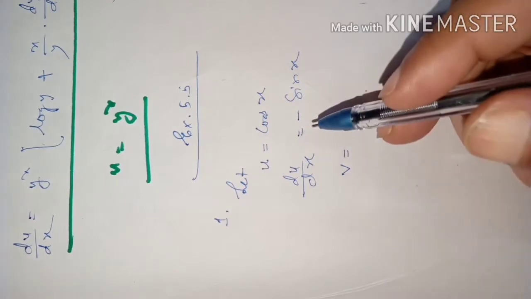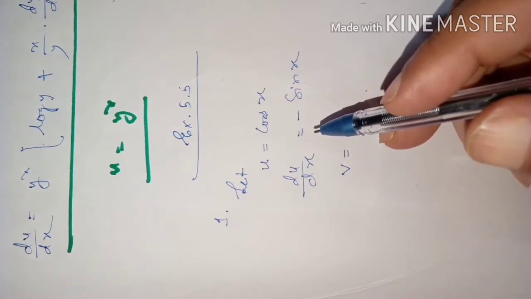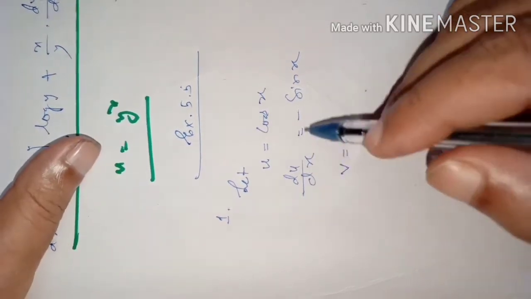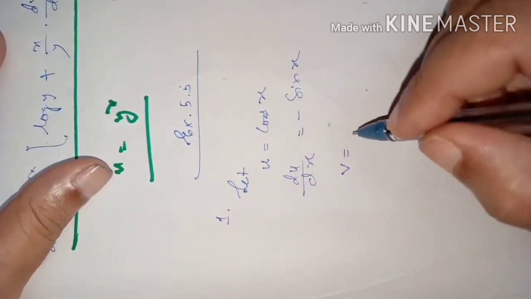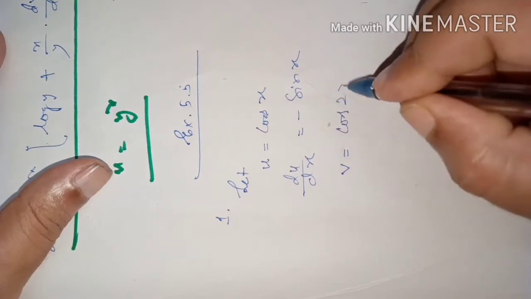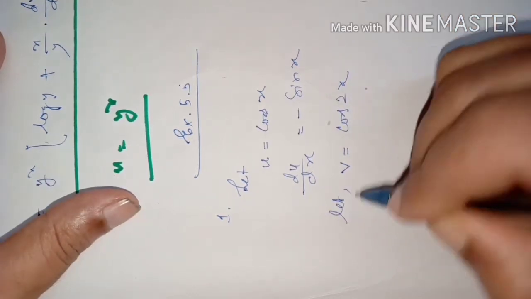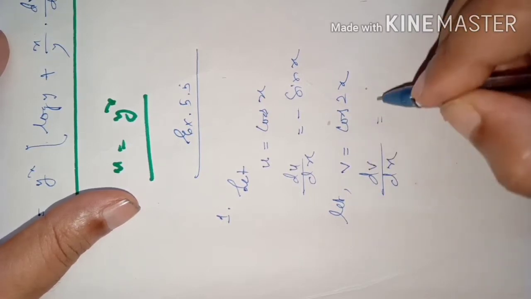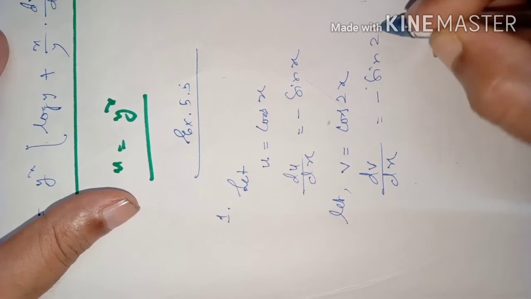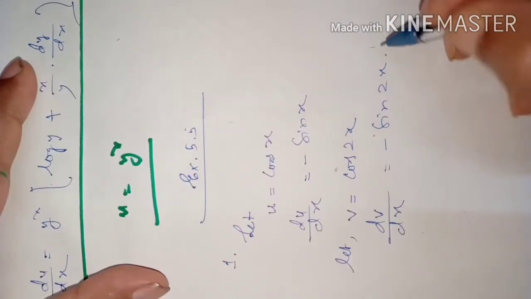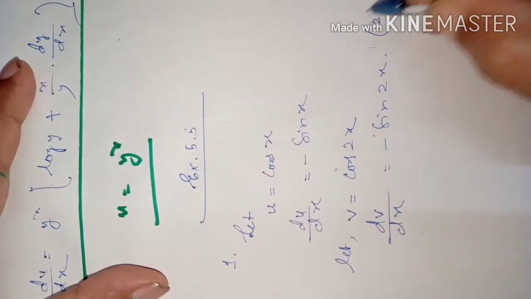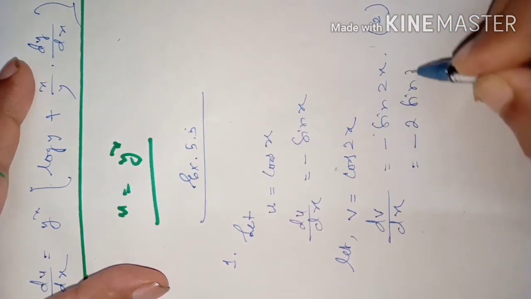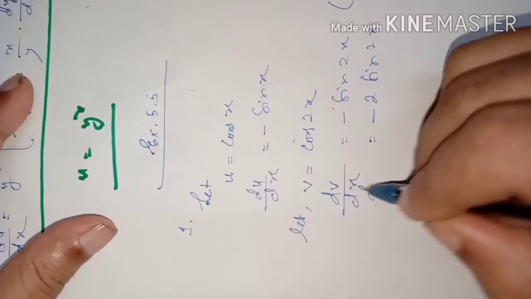I did not apply the log addition immediately, so we will apply it later on. Then dv by dx will be equal to minus sin 2x into d/dx of 2x, which is 2 only. So it will be minus 2 sin 2x, that is dv by dx.